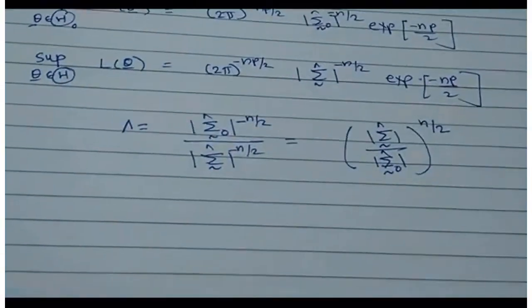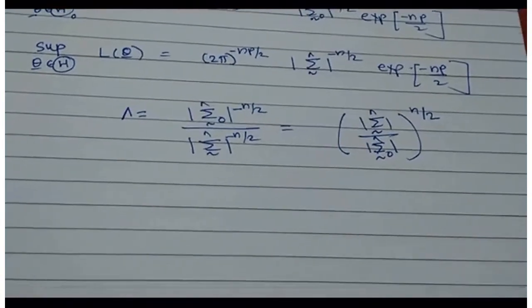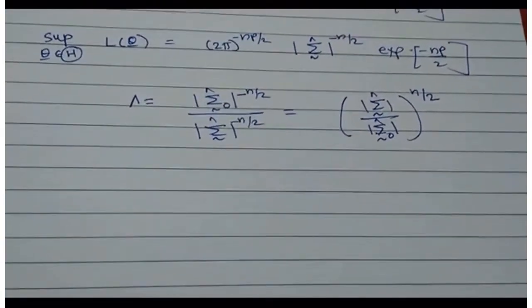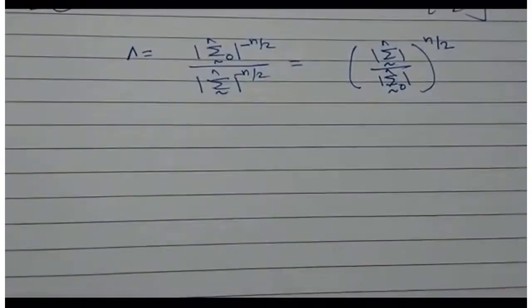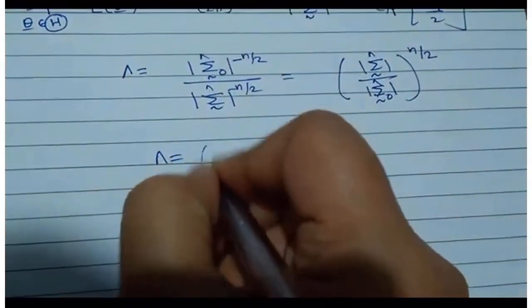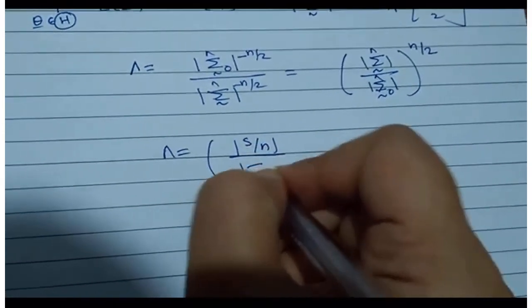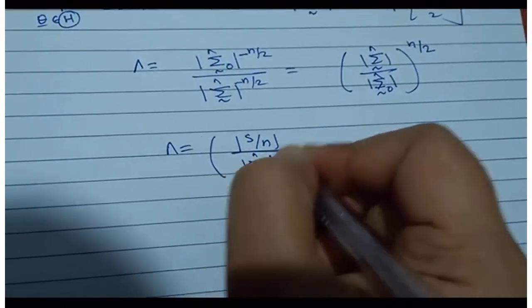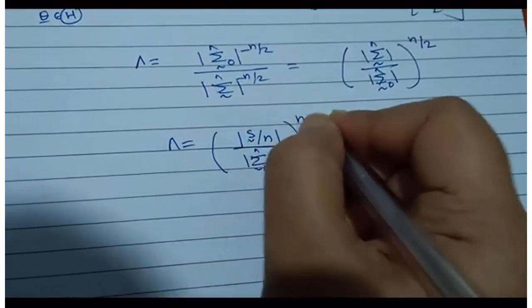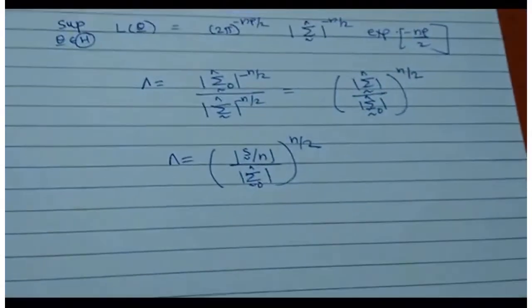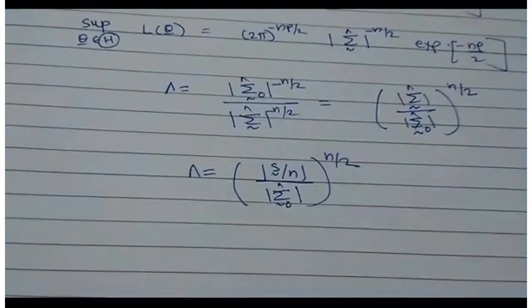I have changed the numerator to denominator and hence the sign of the power has changed from negative to positive. We also know that sigma hat is S by n, so this can be written as determinant of S by n upon determinant of sigma naught hat, whole raised to n by 2. Okay, everyone with me so far?